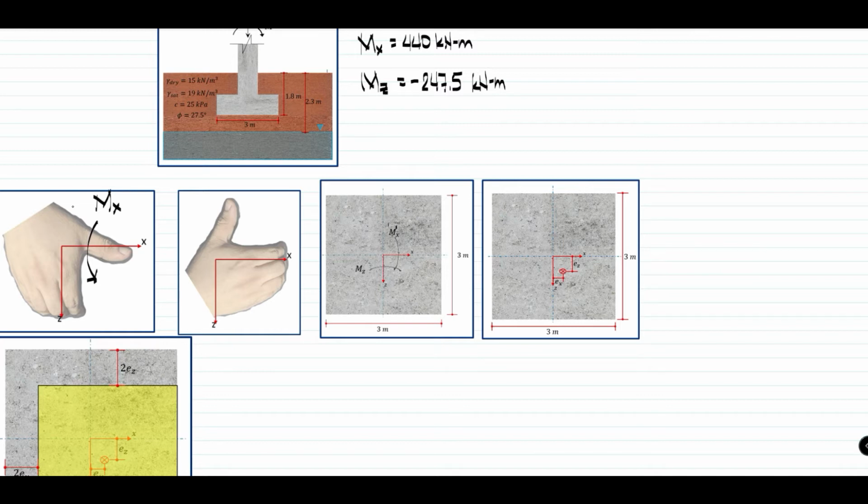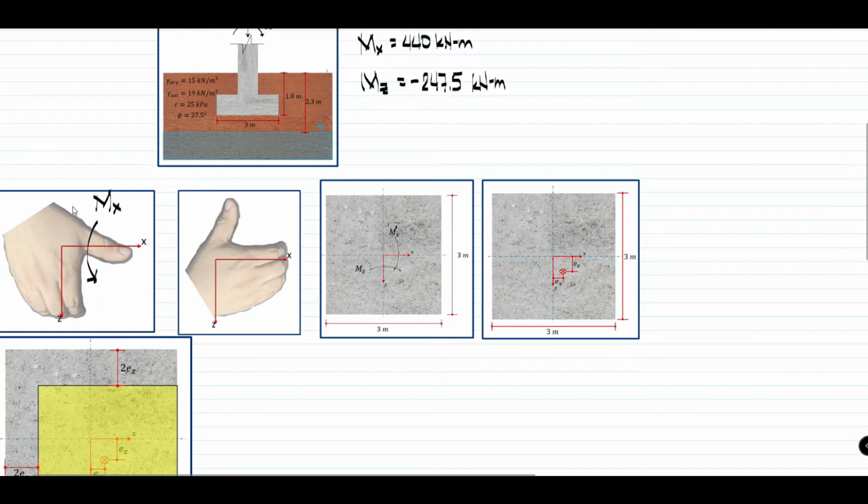So the next one is a moment about the z-axis. So about the z-axis. So as you can see, meron siyang negative sign. So this is a negative moment. So para magawa natin or malaman natin kung ano yung rotation nung moment about the z-axis, so ibig sabihin negative siya. So using our right hand, yung right thumb natin will be pointing on the negative z-axis.